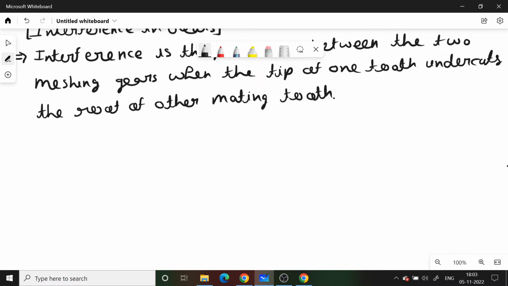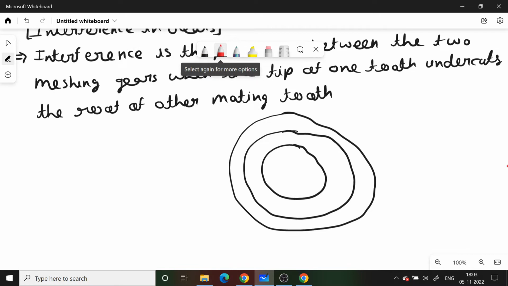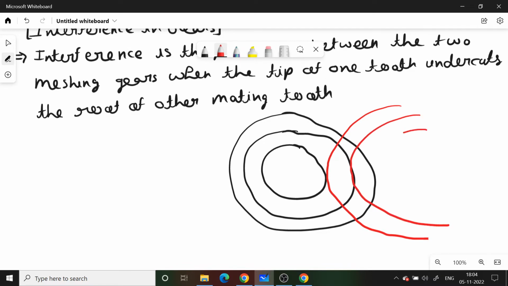Let us consider two gears. First one is the pinion, whose center is A. This gear is the pinion.